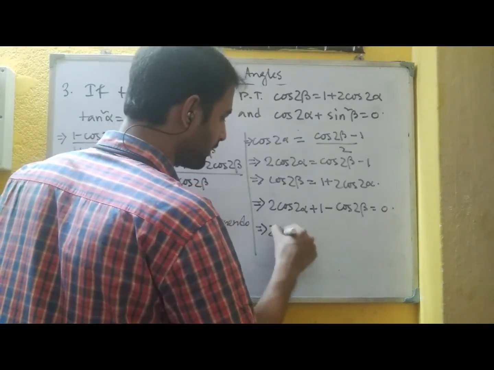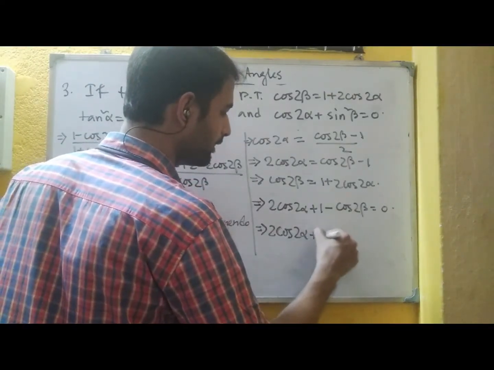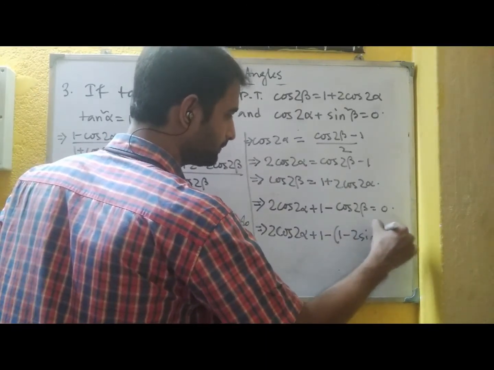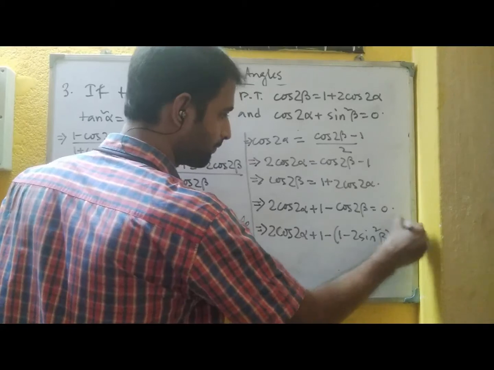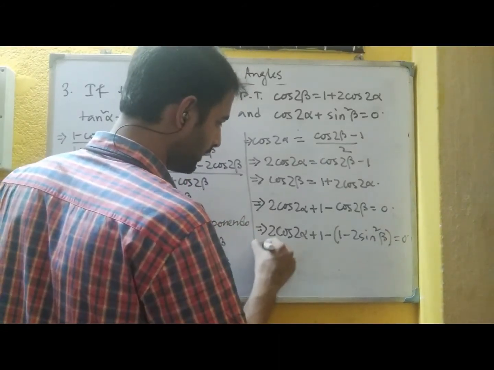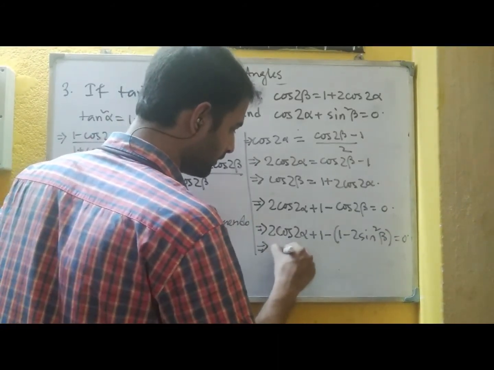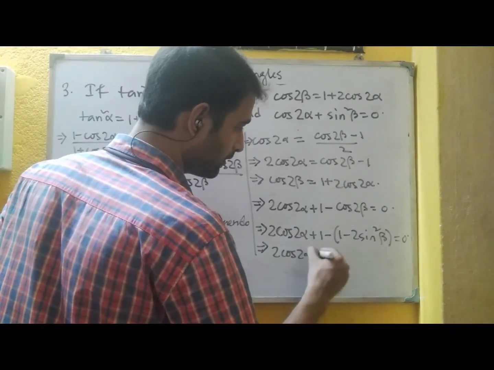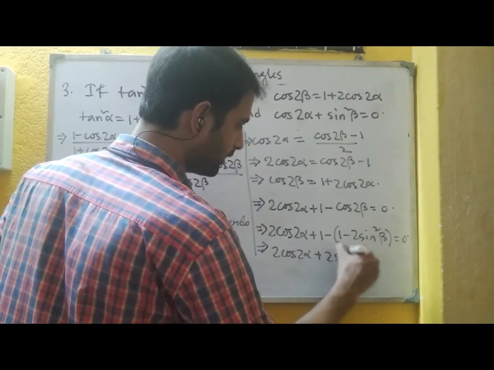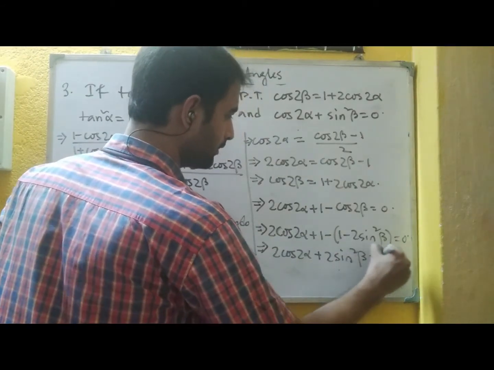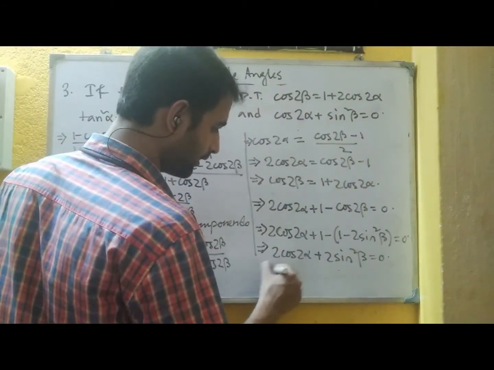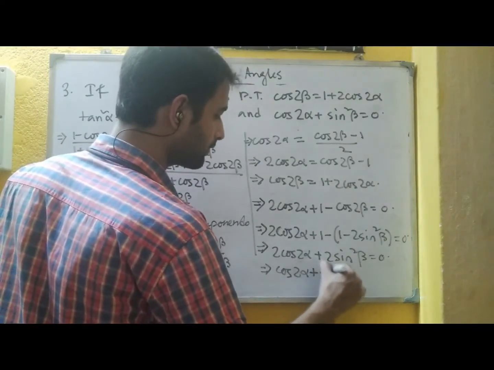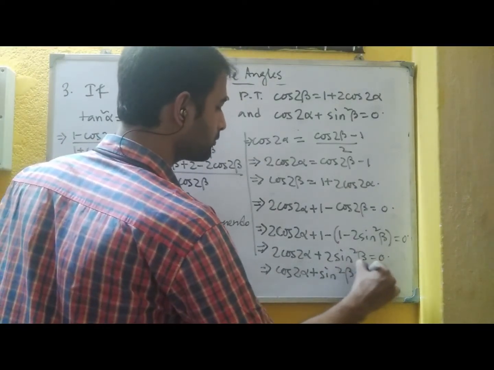For that we can write this formula as 1 minus 2 sine square beta. After taking out of the bracket, the 1 will cancel out and it will be plus 2 sine square beta. Taking the 2 factor out, we can write the required one, that is cos 2 alpha plus sine square beta equals 0.